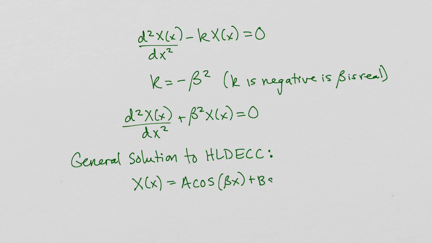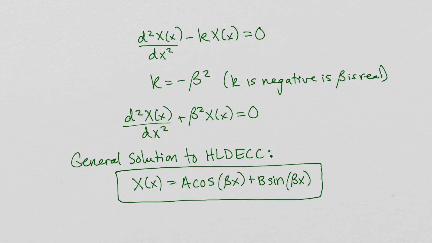And if you are familiar with waves, if you've ever plotted waves in maybe a physics course or a math course, okay, this form of equation is going to look very familiar to you. Okay, but really the important takeaway for us here is that this boxed expression here is the general solution to our HLD-ECC in terms of x.